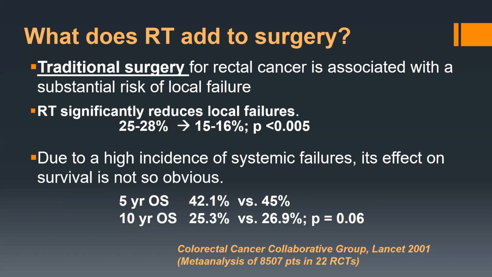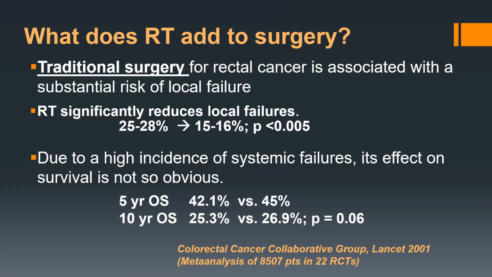At that time, it was calculated from the Colorectal Cancer Collaborative Group, published in the Lancet in 2001, based on studies published till that time, that without radiotherapy, local regional failures were in the range of 25 to 28%. And what radiotherapy did was bring down the rate of local failures to 15, 16%.